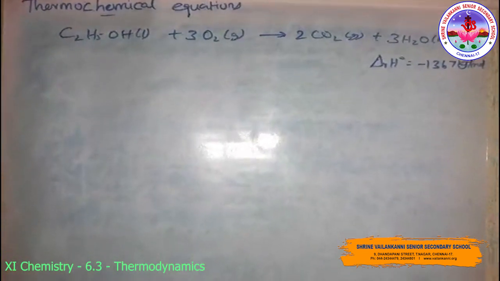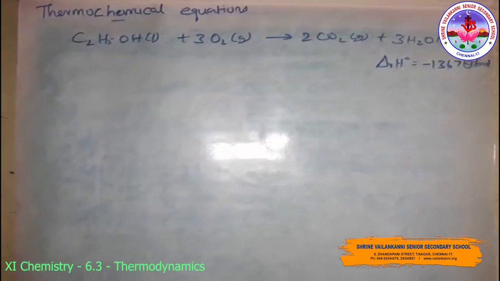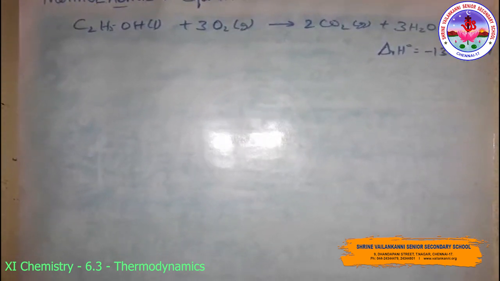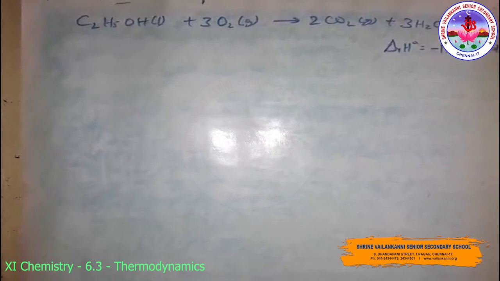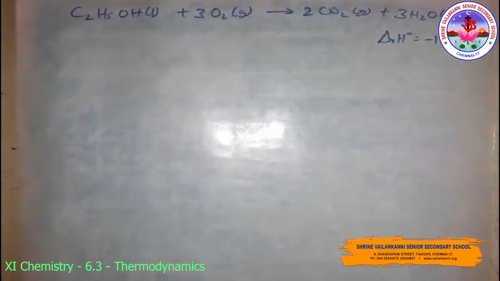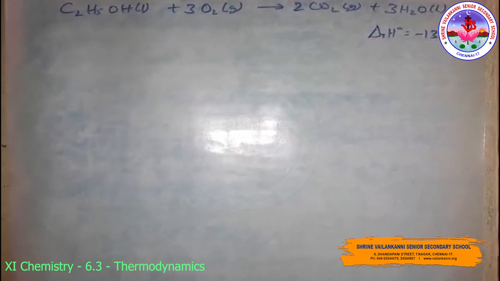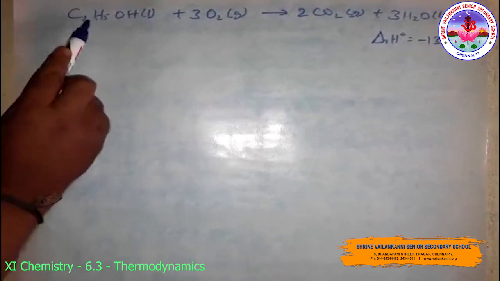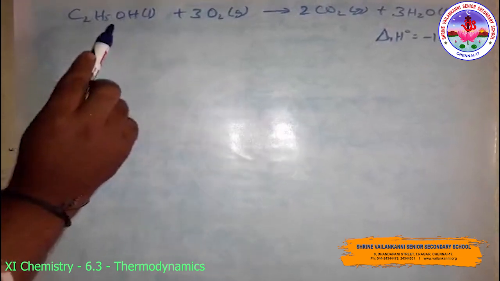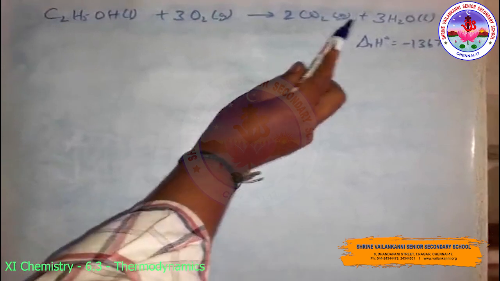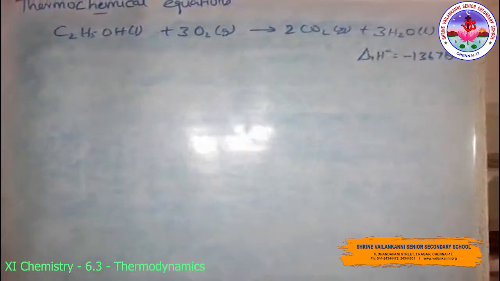A thermochemical equation is a balanced chemical equation together with the value of its enthalpy of reaction. We specify the physical state of the substance in the equation. For example, look at this. The physical states are alcohol liquid form, oxygen gaseous form, carbon dioxide gaseous form, and water liquid form.